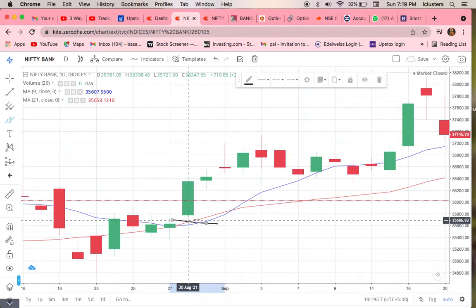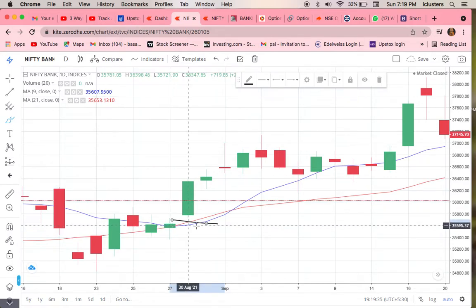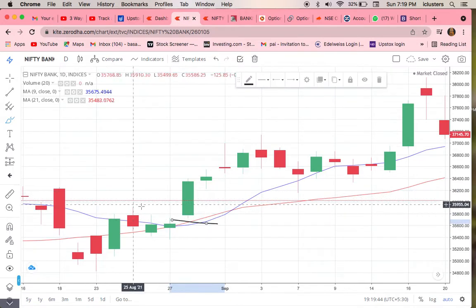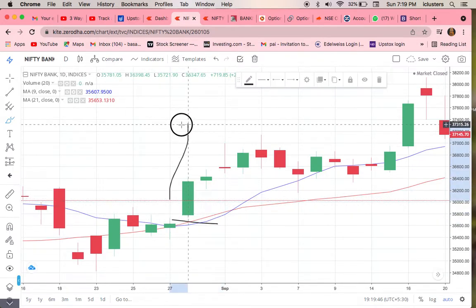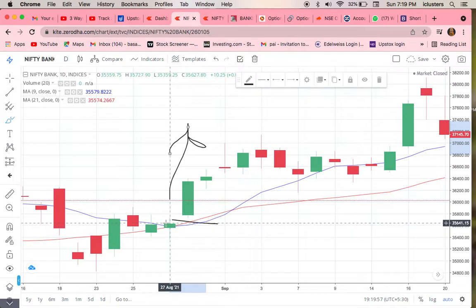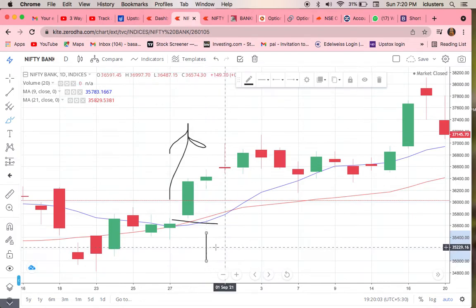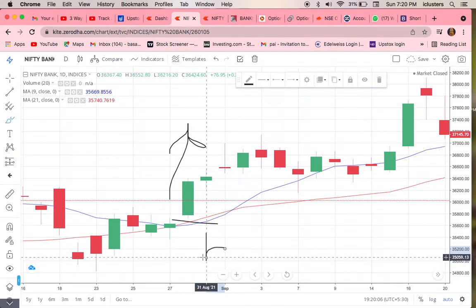This is our entry level, because the 21 days moving average and the 9 days moving average have met here. Once both moving average lines meet together, if price creates above the moving average line, it is a confirmation of an uptrend. When these two lines meet together and price candles are coming down, that is a downtrend signal.